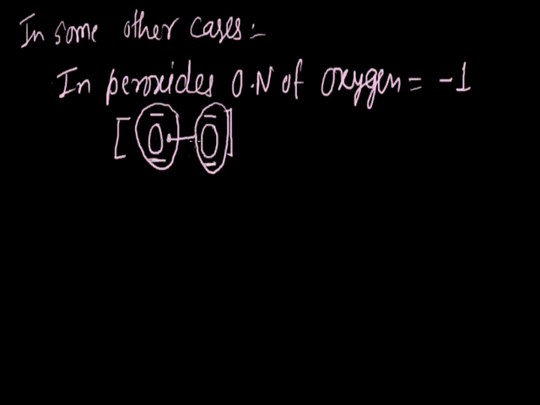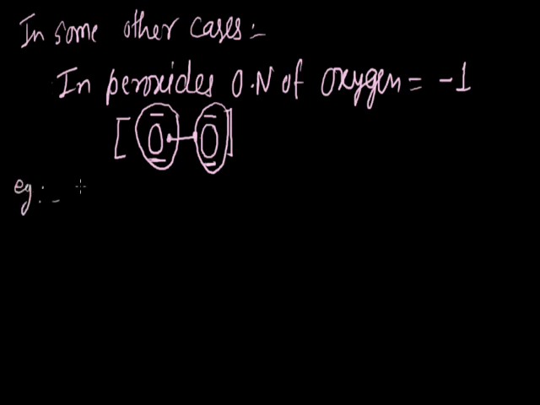So the bonded pair of electrons is always exactly between the oxygen and oxygen atom. So it doesn't acquire any partial charge. So we can say that each oxygen atom in peroxide acquires one negative charge. So the oxidation number of oxygen in peroxide is always equal to minus 1.